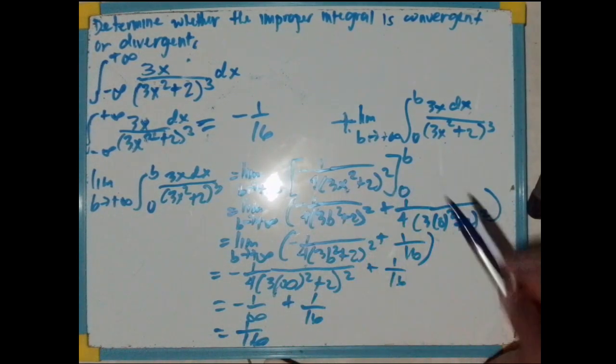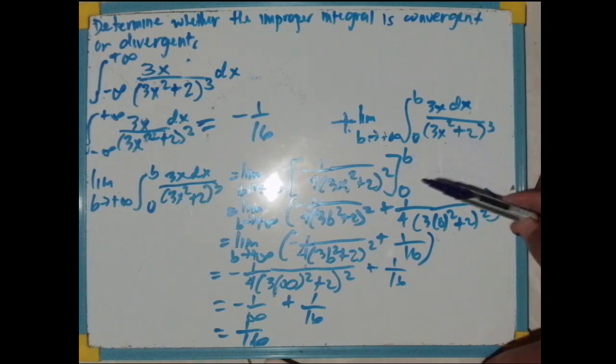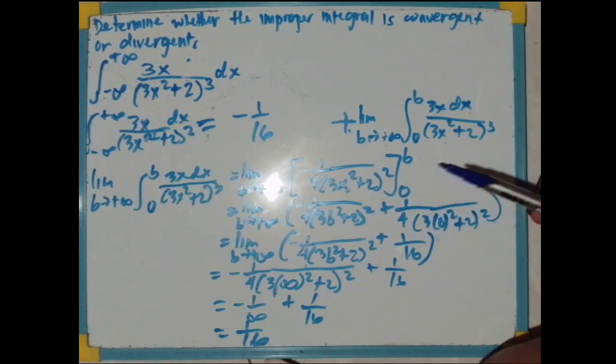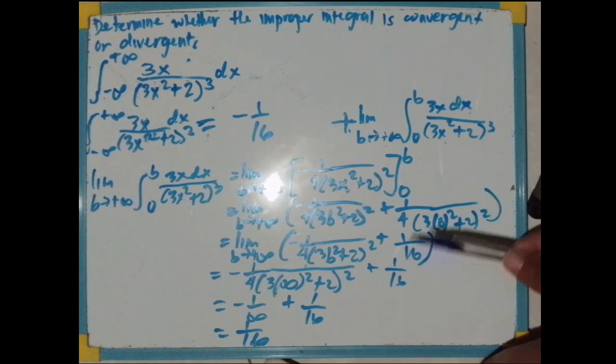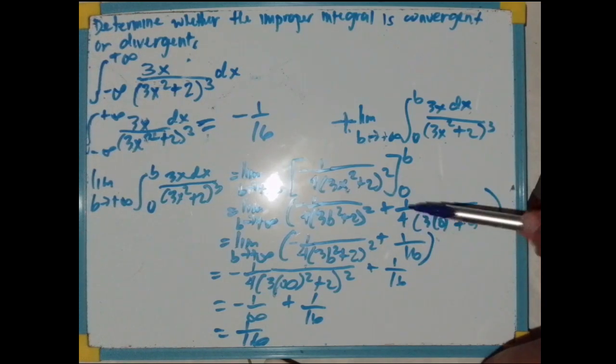Applying the rule for definite integrals, we substitute the upper boundary b and subtract the value at the lower boundary, which is 0.